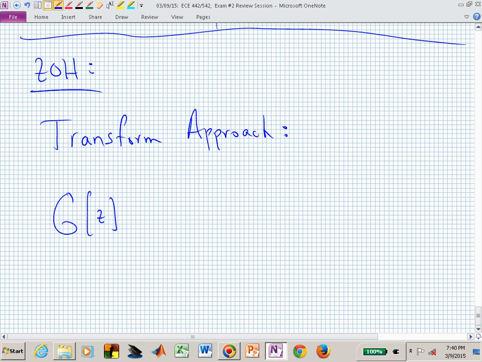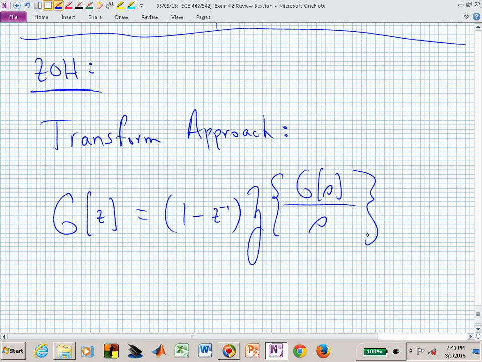That ended up giving us this 1 over s with a delay of 1 sample period, and that then gave rise to this 1 minus z to the minus 1. Z transform of the unit step gave you this over. So now you had G of s over s.